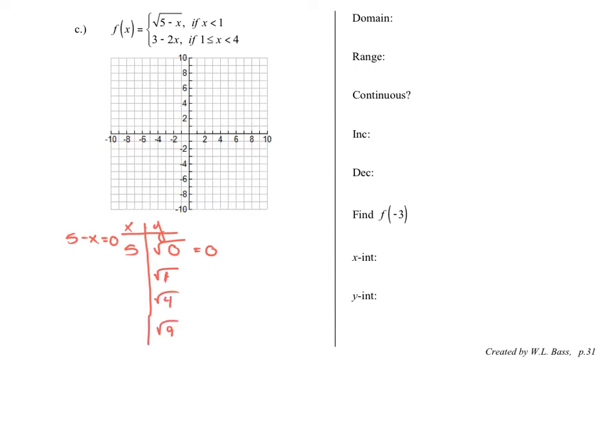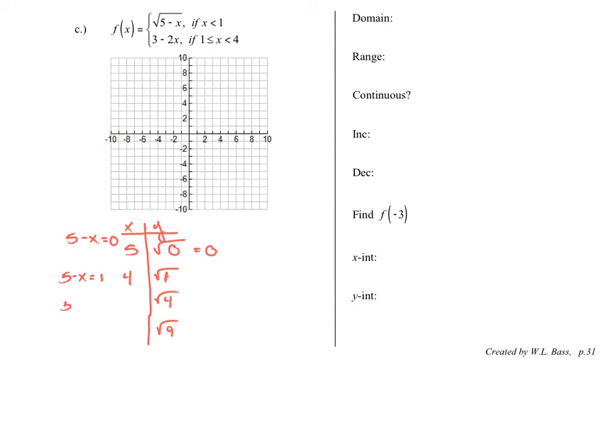This is what we call a smart t-chart. So we're going to think about what we want to be able to do on the right-hand side, and then we'll go back and figure out what x values will make that easy for us. So I need my 5 minus x to equal 1. In other words, I want to solve the algebra, and I'm going to use an x value of 4.